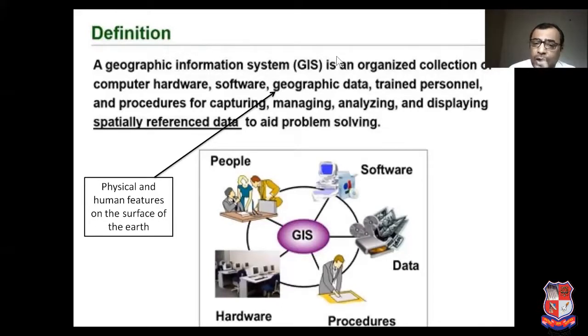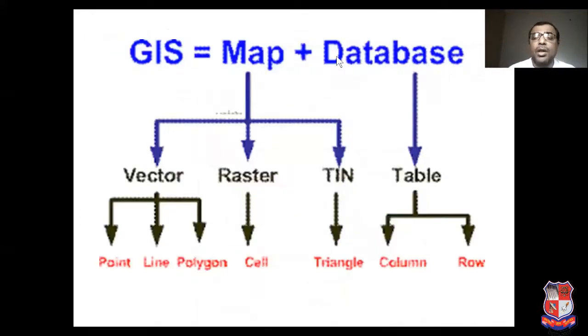GIS formation is shown, the GIS skeleton is shown, which includes 5 things: computer hardware, computer software, people, data, and processes. You can see in this slide, GIS is basically a combination of 2 things, map and database.